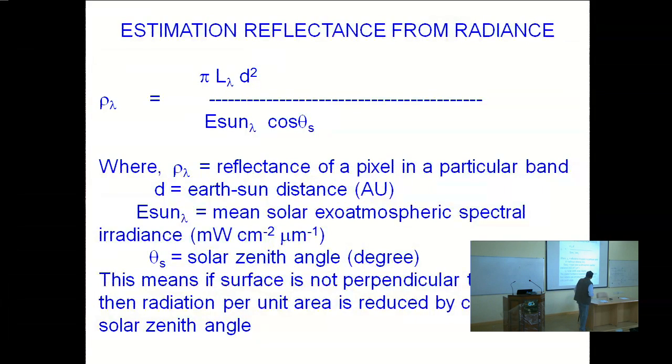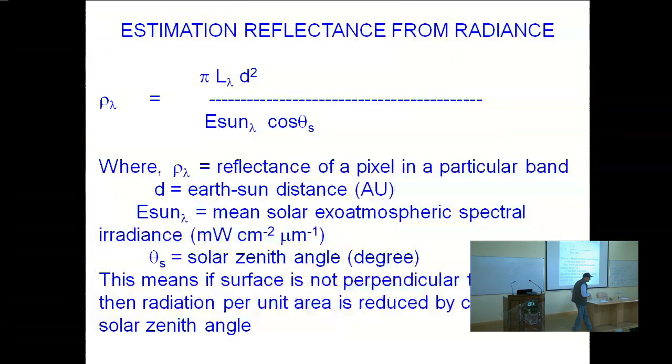Once you develop this, what you have is the reflectance of a pixel in a particular band, the Earth-Sun distance in astronomical units, then the mean solar exo-atmospheric spectral radiance, and the solar zenith angle in degrees. Remember, this is the zenith angle, this is not elevation.